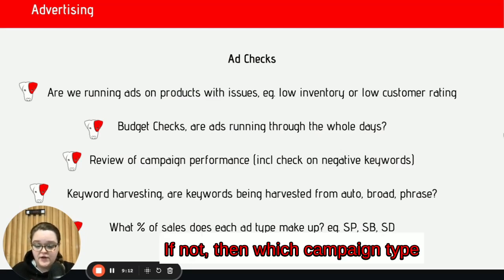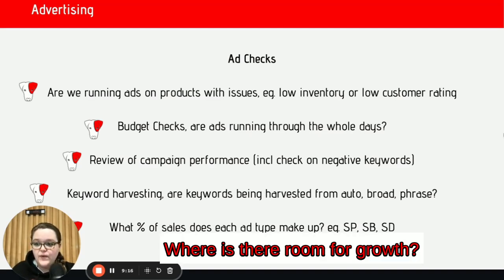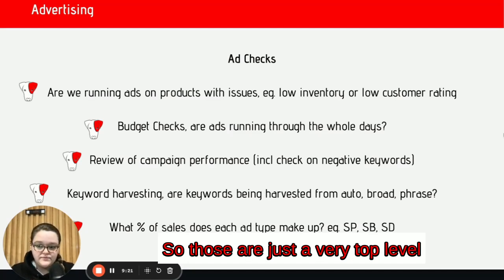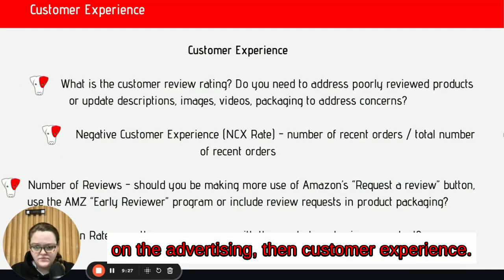If not, which campaign type should we be focusing on? Where is there room for growth? Where do we need to pull back? Those are just a very top level look at which checks we do on the advertising.